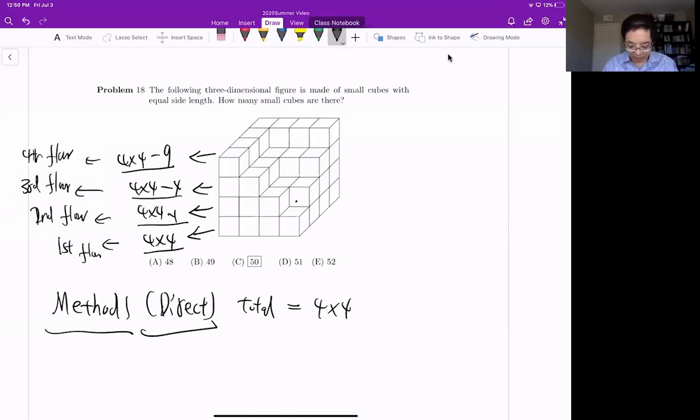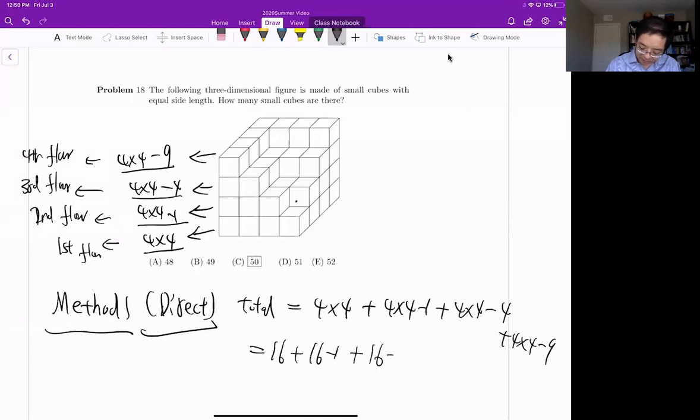Okay, so then the total is this one plus 4 times 4 minus 1 plus 4 times 4 minus 4 plus 4 times 4 minus 9, right? Okay, so we calculate 16 plus 16 minus 1 plus 16 minus 4 plus 16 minus 9. So this is 64 put together, and you minus 14, which is 50.